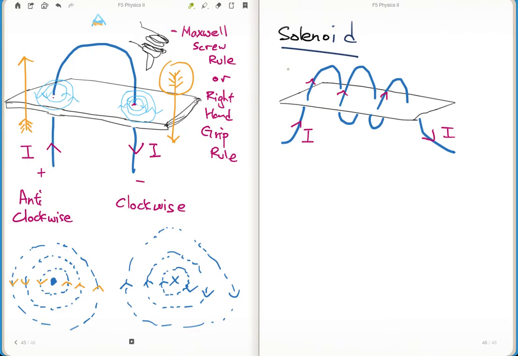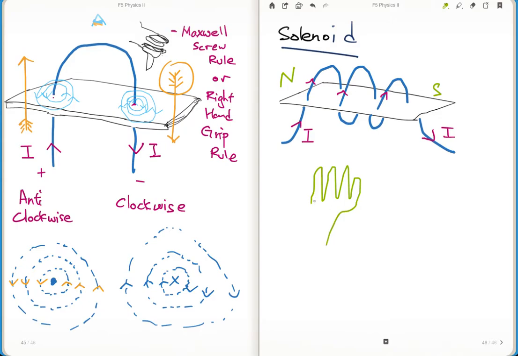What happened? You get the north pole on the left, south pole on the right. How do you do it? Four fingers, because you follow the current. Now it's not the thumb, now it's all your four fingers. 1, 2, 3, 4 fingers, and then your thumb.